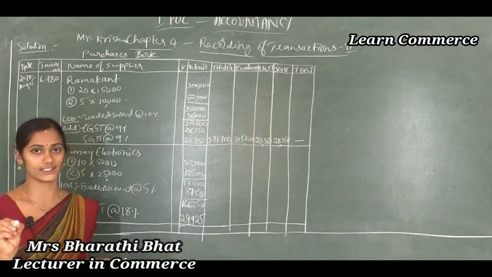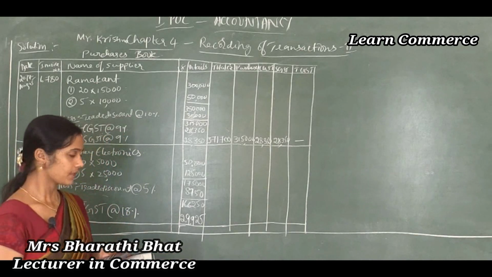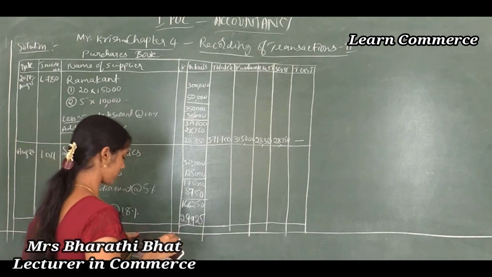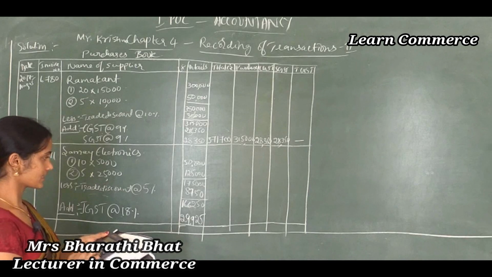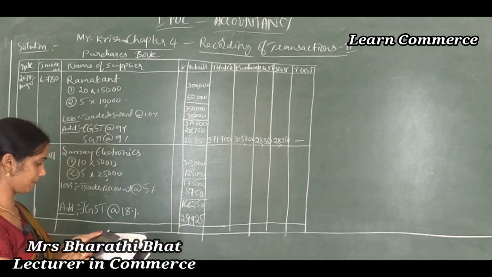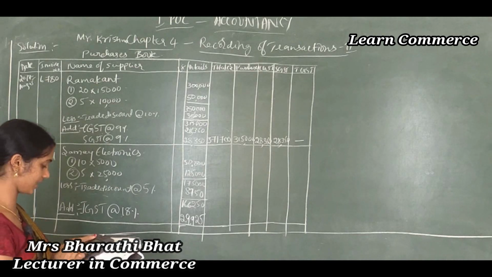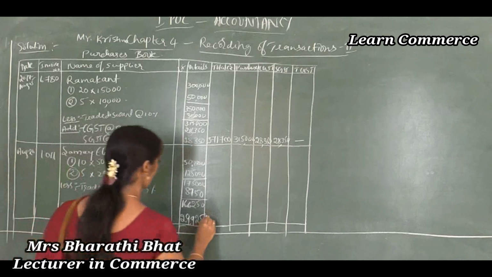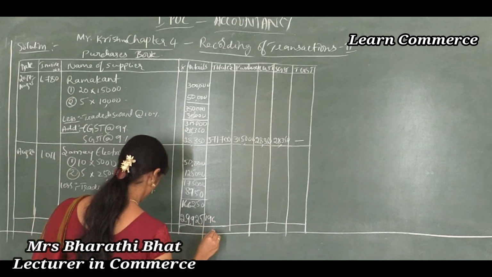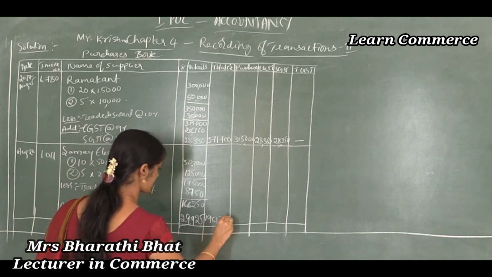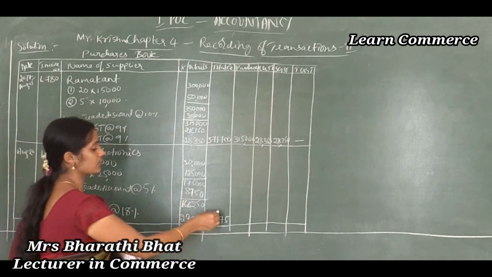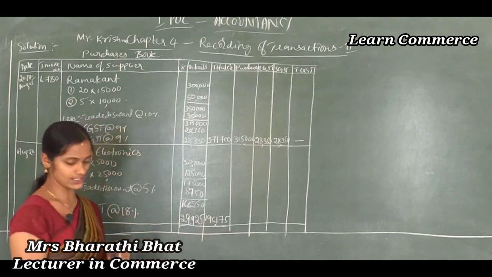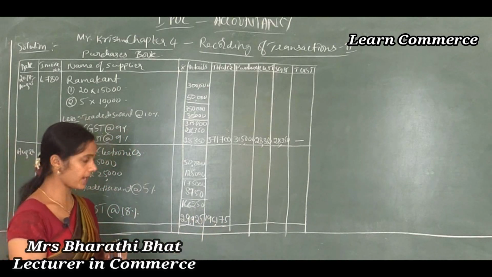29,925 is the IGST amount. Now what is the total amount? 1,66,250 plus 29,925, 1,96,175 is the total amount. To purchase these two items, customer had to pay 1,96,175.